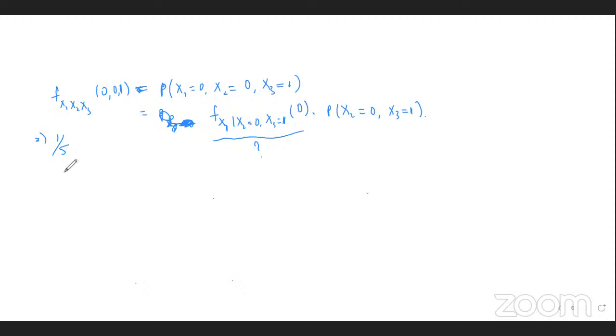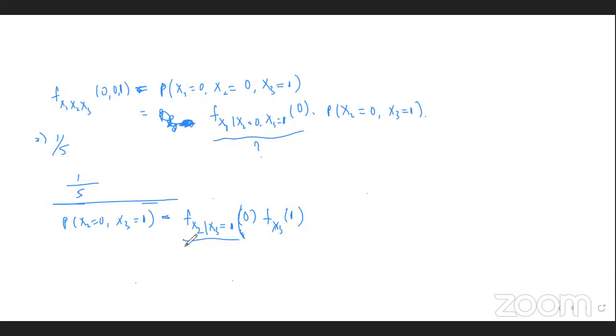Now this is going to be 1 by 5 divided by the probability X2 equals 0, X3 equals 1. Now what is this? This is going to be fX2 given X3 equals 1 of 0 into fX3 of 1, correct?